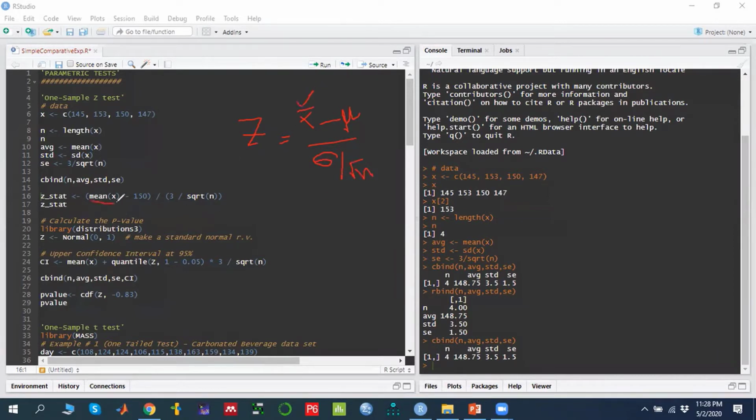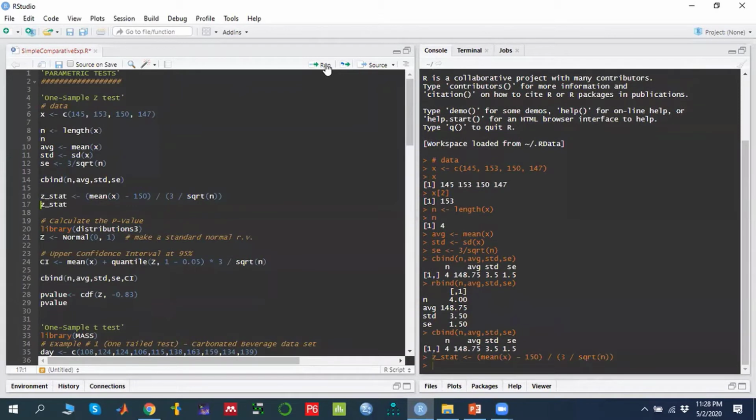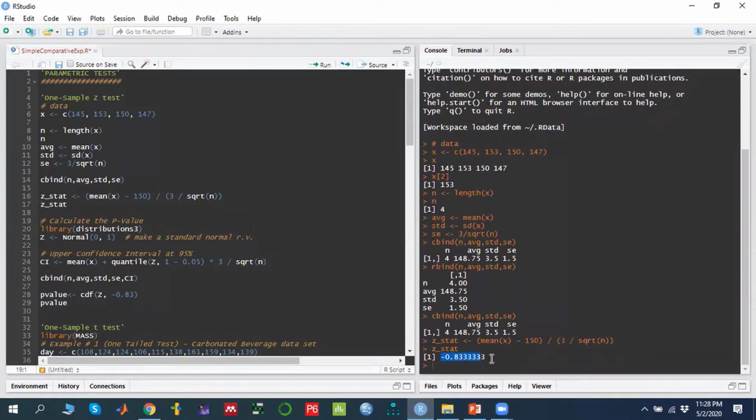That is the mean of x, which we have already calculated. Minus 150, that was given in the problem, divided by the population standard deviation, which was given as 3, and then square root of n. With the help of this, we have calculated the Z statistic. Once I run this command, it calculates the Z statistic. The value of Z is minus 0.83.